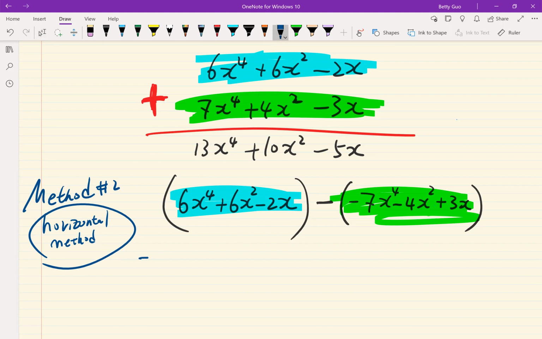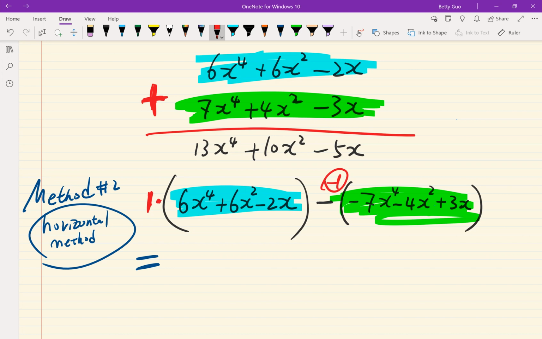And now let's see, how do we remove the parentheses? Very important. The coefficient of the first parenthesis is what? 1. So it means nothing, right? If the coefficient of a parenthesis is 1, you can literally remove the parentheses. Now the second parenthesis.